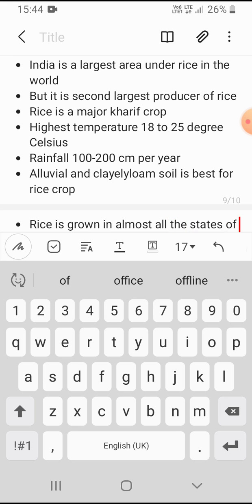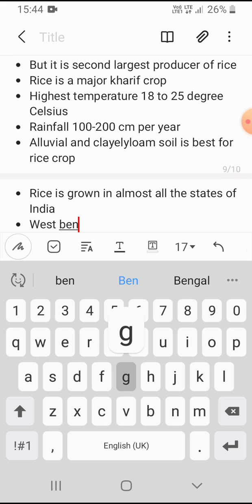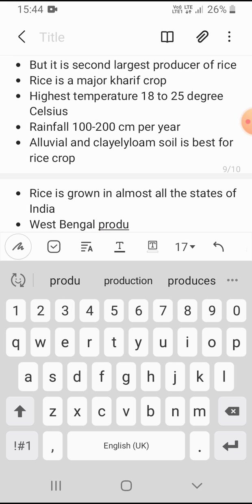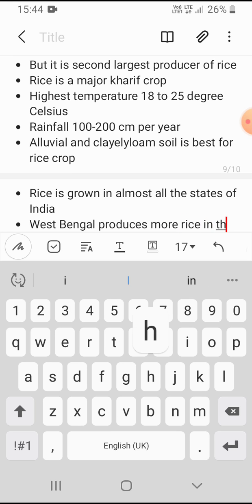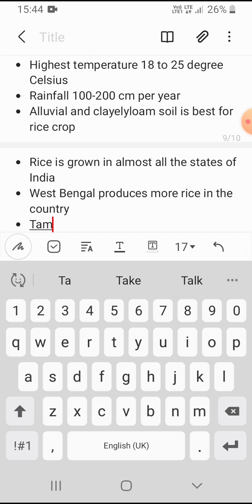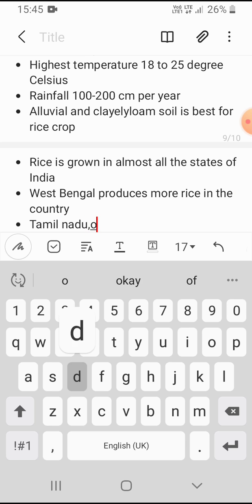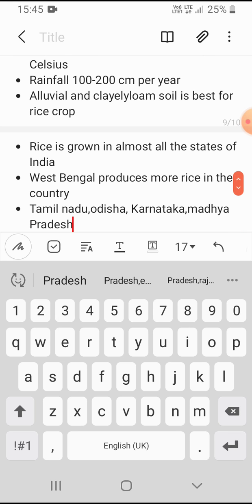West Bengal produces the most rice in the country, and the other states that produce more rice are Tamil Nadu, Odisha, Karnataka, Andhra Pradesh, and Uttar Pradesh.